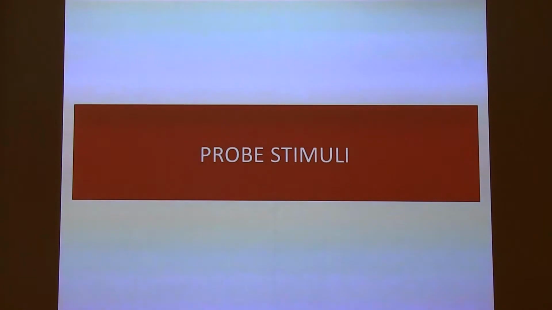Okay, so then the other thing to somehow go around all this is to use probe stimuli. So if you again have some very slow phenomena, you can send some stimuli to the brain and try to use them as probes of the functional state of a certain area.